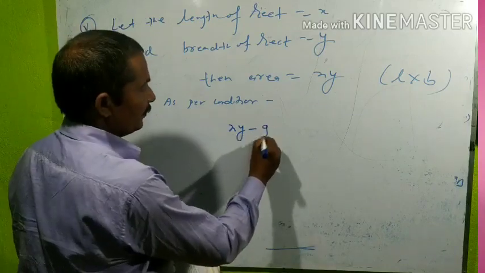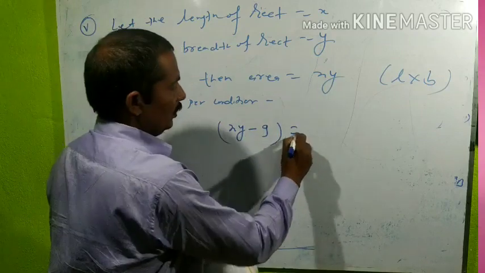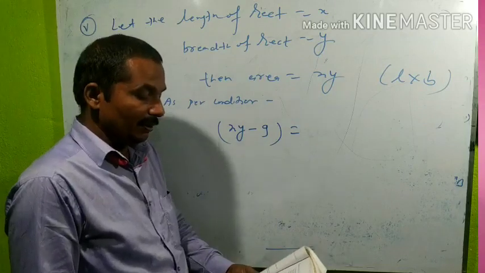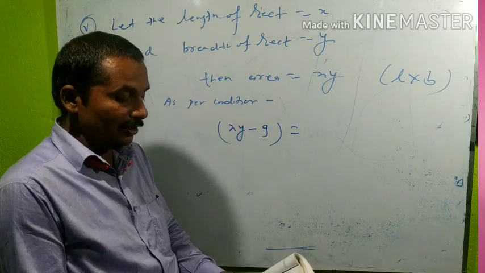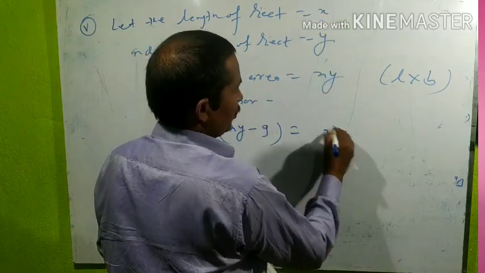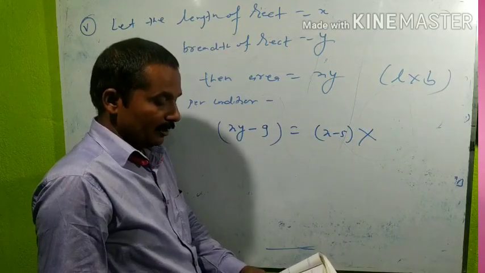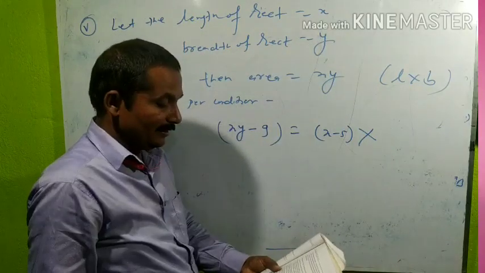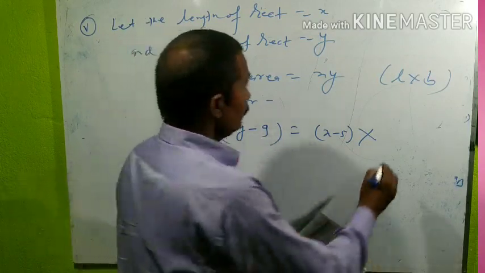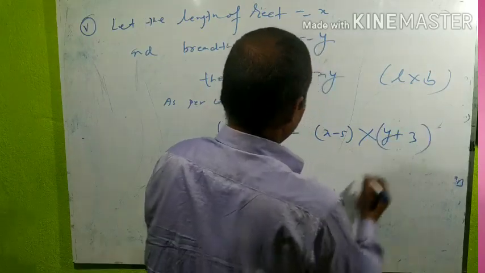So 9 will be here. Like that, area minus 9 is equal to. Area is what? Length into breadth. Length is reduced by 5 units. What is the length here? x minus 5 into. What is the breadth here? The breadth is y and is increased here. So y plus 3 will be here.